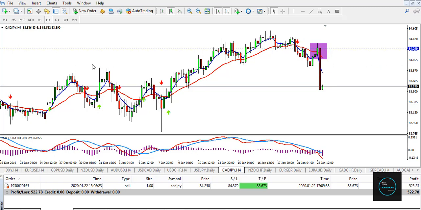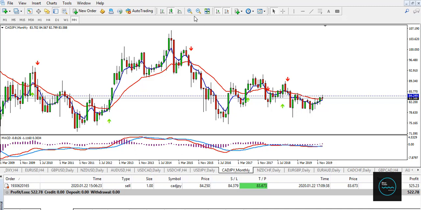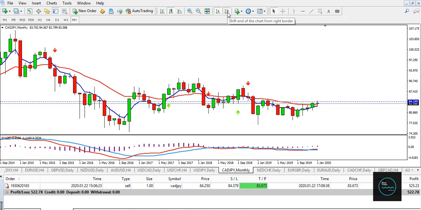When I came to this currency pair, I of course started from the monthly, and I saw that we were in a gradual uptrend, just these last couple of candles. So the last few months it's been bullish on the CadJpy pair.